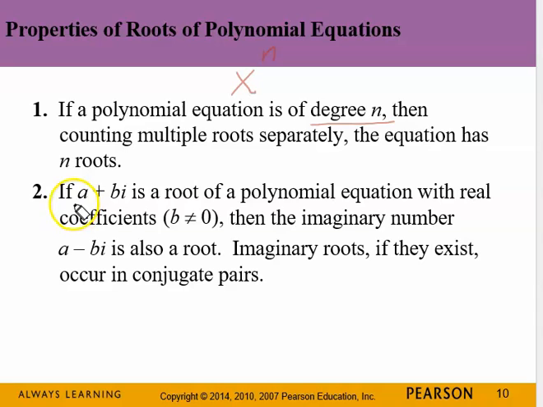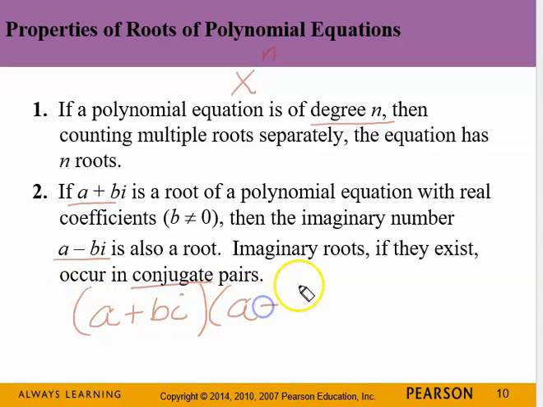Now, if the result is an imaginary complex number, then there's also the conjugate of it. Just to review conjugates, a plus bi, a minus bi. So they're saying here, imaginary roots, if they exist, occur in conjugate pairs.